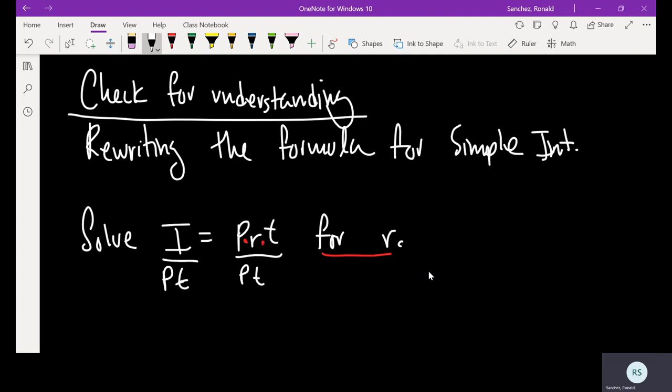So over here, we will finish with our formula of I divided by P times T is equal to R, because the P and the T cancel each other out, they get simplified to 1. And again, I can just rewrite this as R is equal to I divided by P times T, or PT.